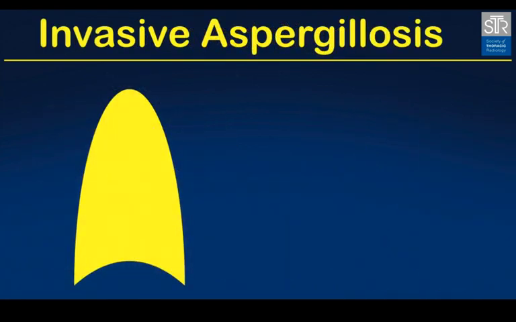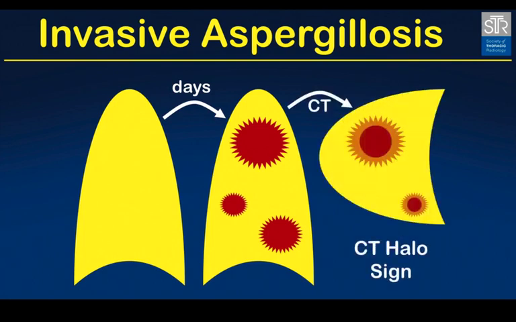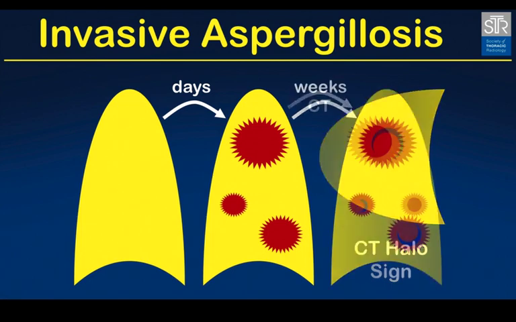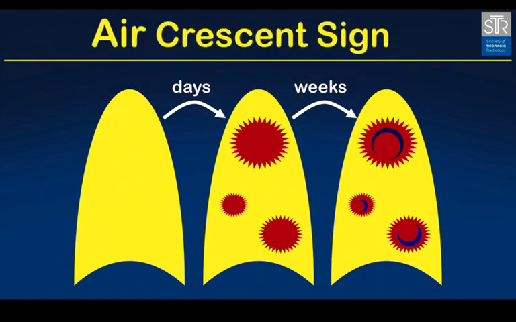Now, in invasive aspergillosis, the lung is initially normal. The patient becomes neutropenic and over a period of days develops these nodular areas of consolidation within the lung, which on CT manifest with this characteristic CT halo sign. And then as the neutrophils recover, the patient may develop cavitation, forming a crescent sign, as you can see here. Now, these masses within the cavities generally are necrotic lung rather than true mycetomas, and they're often adherent to the wall of the cavity, so they're usually not gravity dependent.